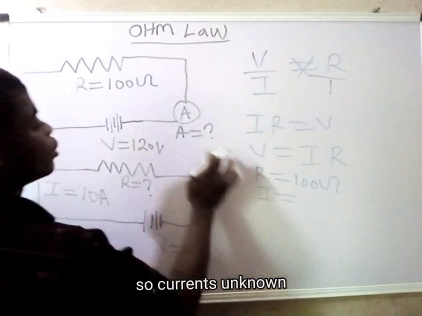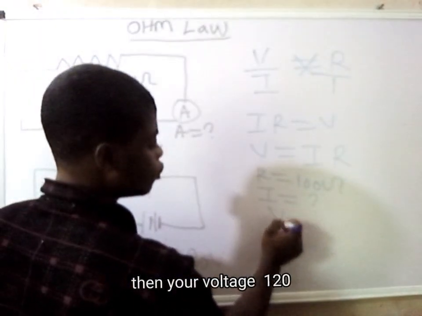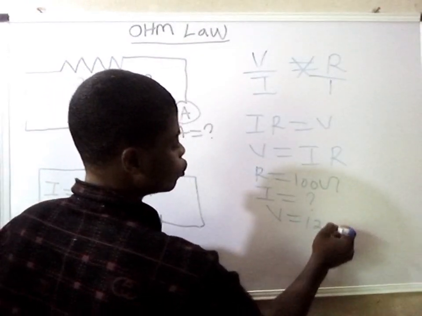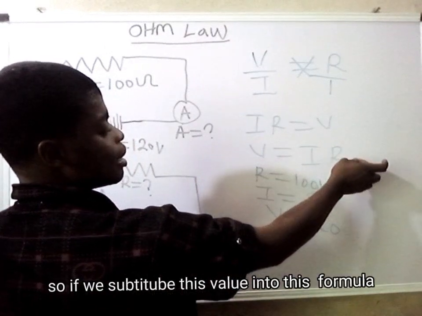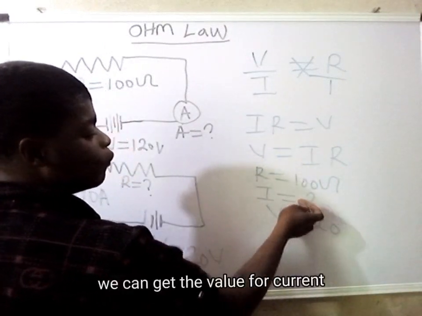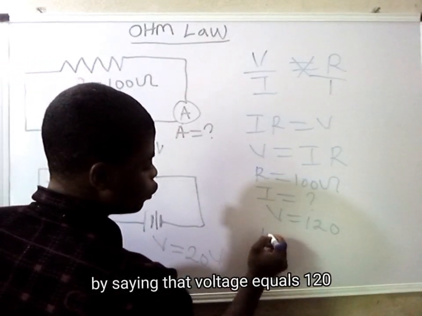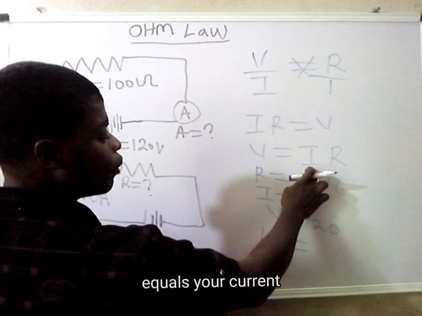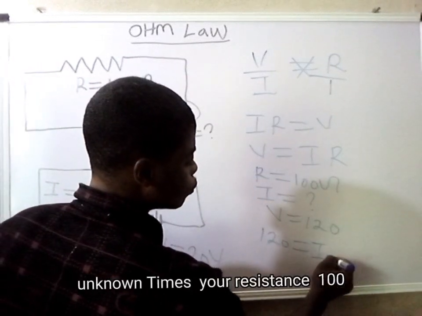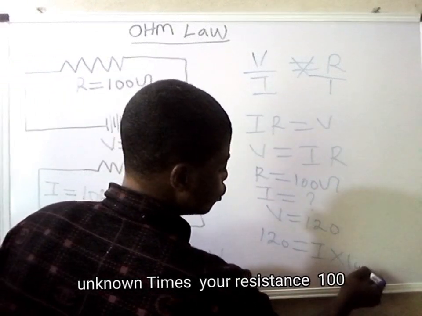So current unknown, then your voltage 120. So if you substitute this value into this formula, you can get the value for current by saying that voltage 120 equals your current unknown times your resistance 100.